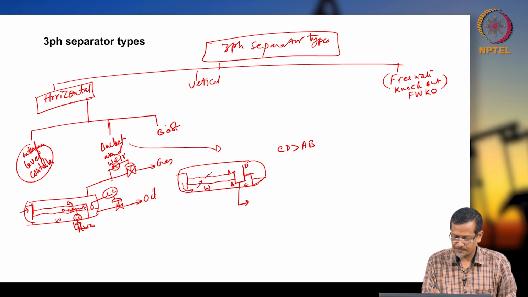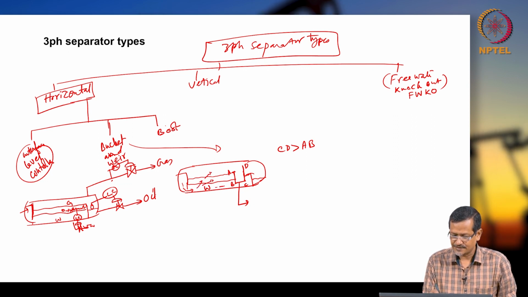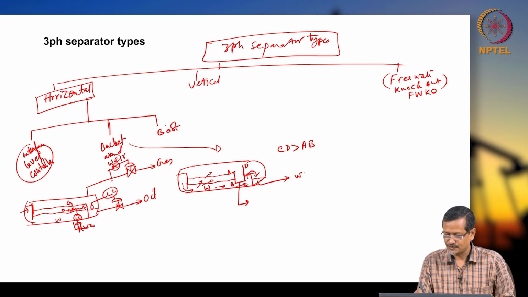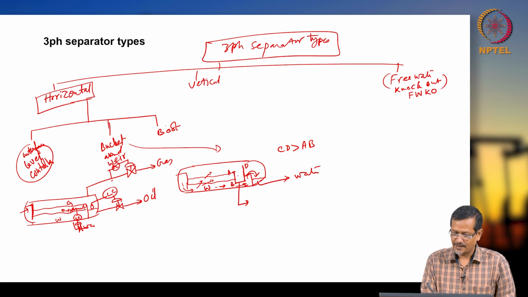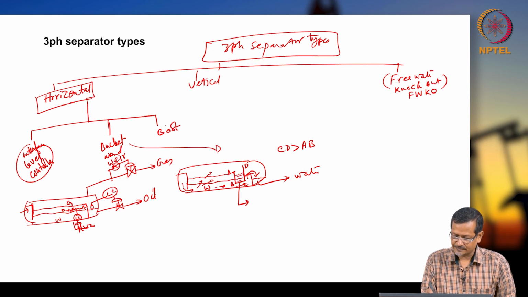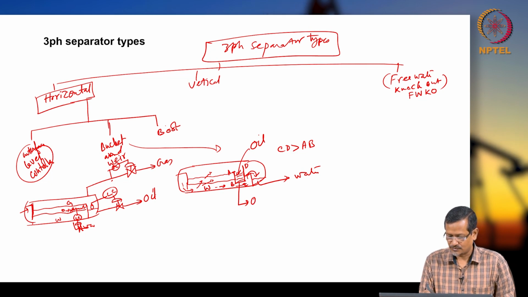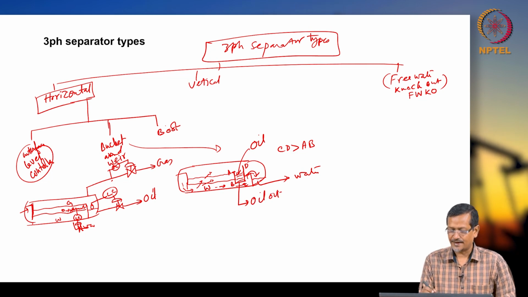Some fluid will go up, some fluid is storing here, and some fluid will be going through this. You are collecting. So this is water, and oil you are collecting here. So you are creating a small bucket.